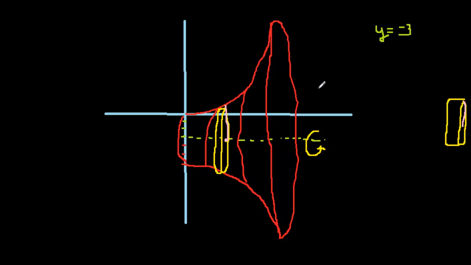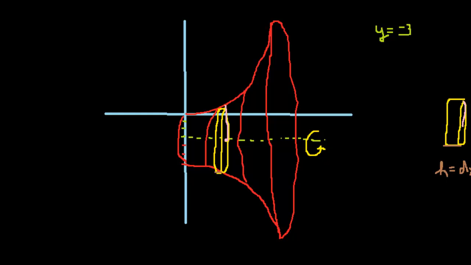Another way of thinking about that is x squared minus a minus 3. It's the same radius that you'll end up with, just a different way of thinking about it. And then the height of this cylinder, or the thickness there, that's going to be my dx. So let's label that height equals dx.